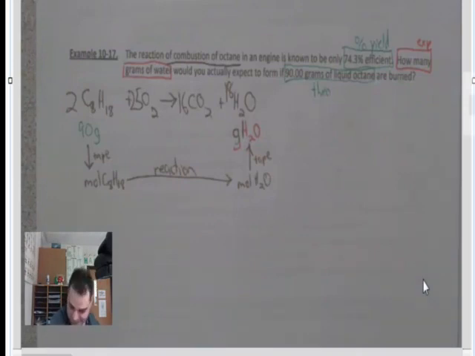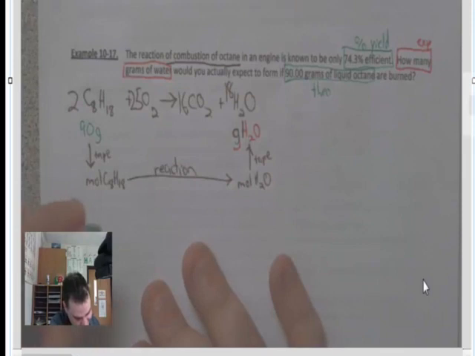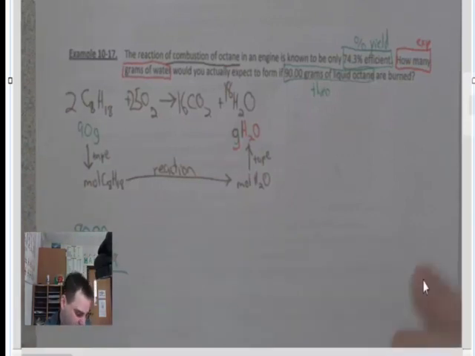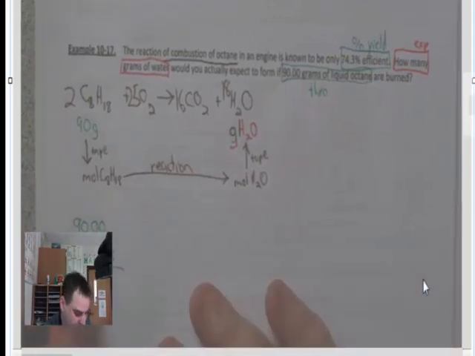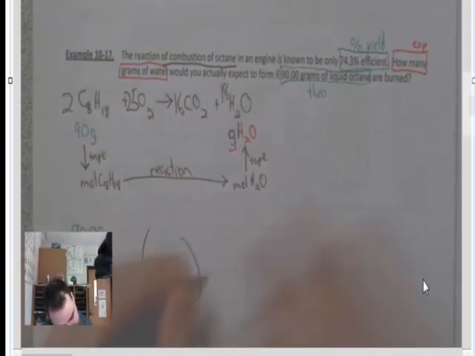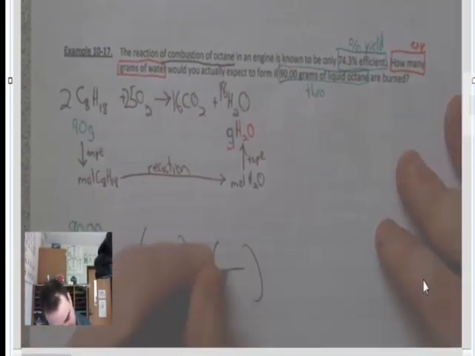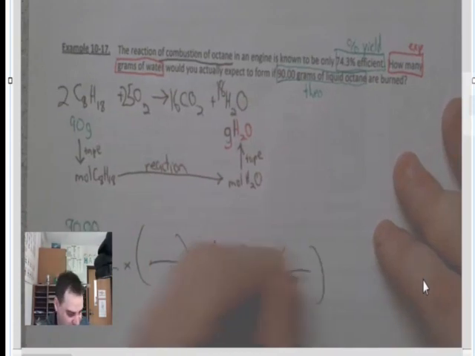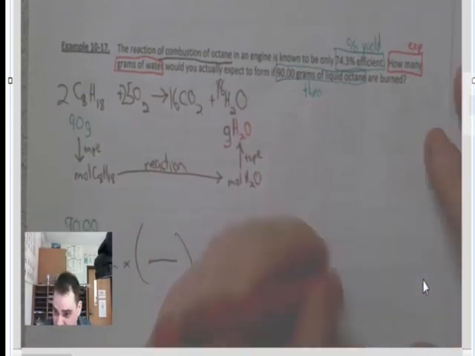So we're going to start off with 90 grams of octane. Three conversion factors. Oh my goodness, I can actually fit my answer here. Go figure.